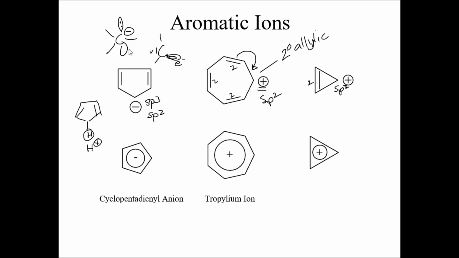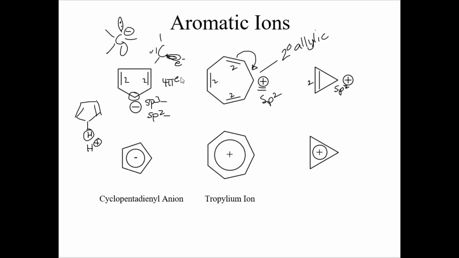And this is where I'm going to give these molecules kind of human characteristics. So in this case, this carbanion, this carbon, could be sp3 or it could be sp2. And it's going to say, you know what, how many pi electrons do I have? It has 2, 4. It's got 4 pi electrons right now.